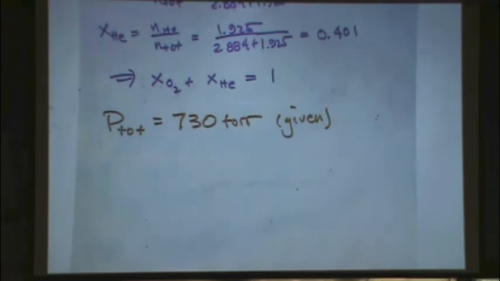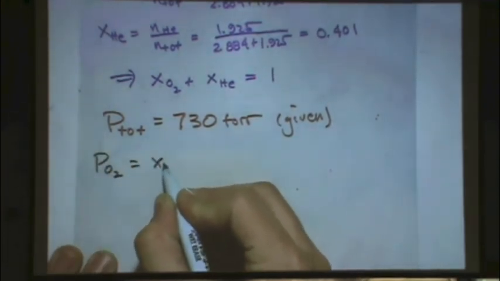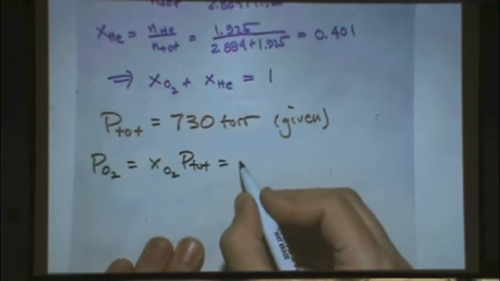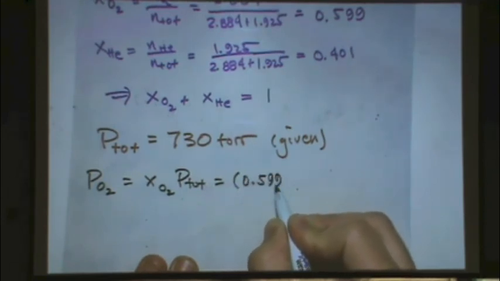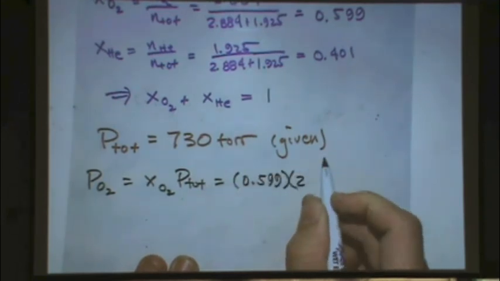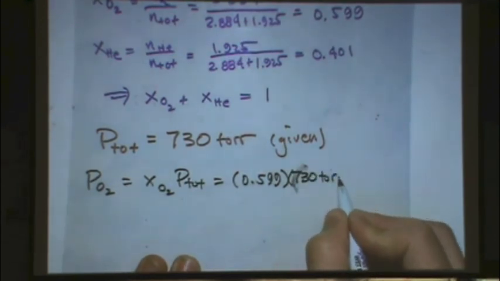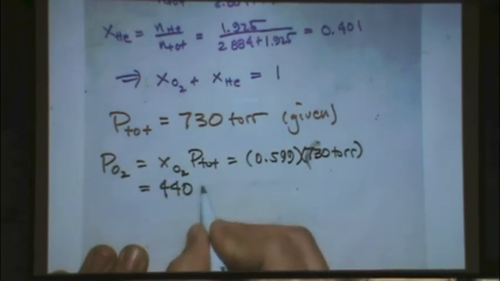Alright, so finally we're going to get the partial pressure. Partial pressure of oxygen would be the mole fraction of oxygen times the total pressure. Mole fraction of oxygen is at the top of the screen right there, 0.599 times the total pressure of 730 torr. That makes the final answer in torr, which would be 440 torr.